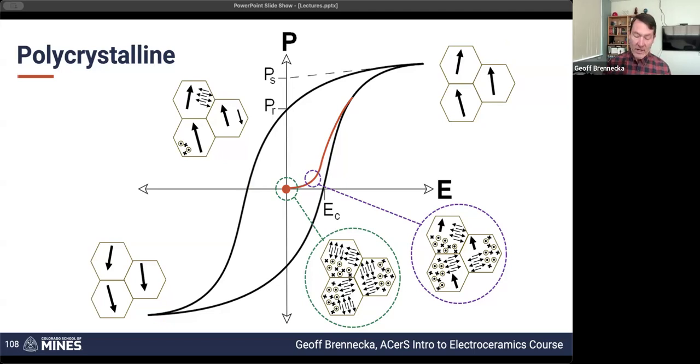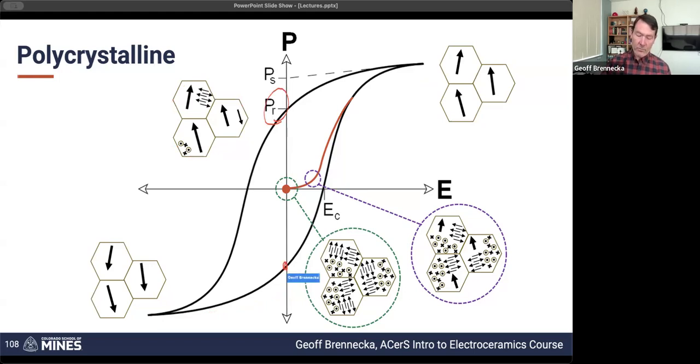Now you'll notice, even once we're here, when we apply a positive bias again, remove the negative bias and then apply a positive bias, we never get back to this completely random starting point. So we're just switching between pulled in one direction and pulled in the other direction. And when we're sitting at 0 field, we're going to have some version of this sort of mixed polarity where it's mostly pulled in one direction, but not completely, as represented by that remnant polarization.